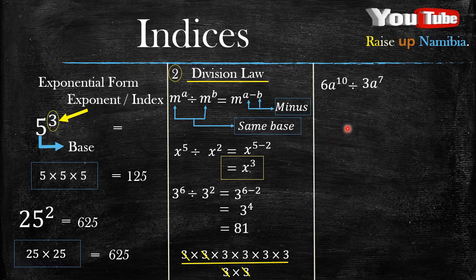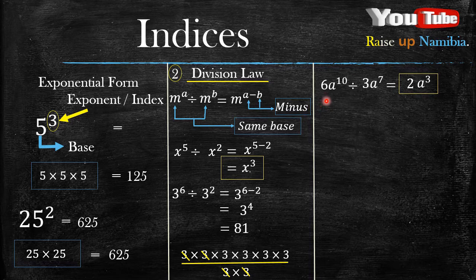Now let's look at this example where we have the division law, but now we have a number and a letter together. So what do we do? The answer here would be 2a to the power 3. How did I get this answer? Number 1, focus on the number part.